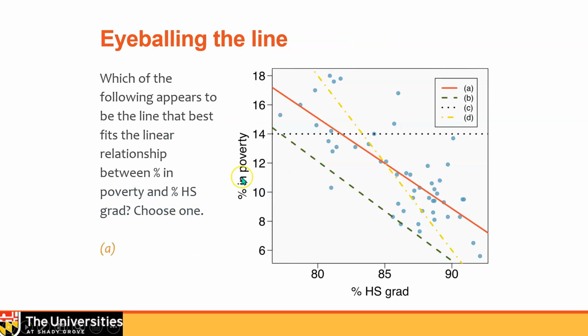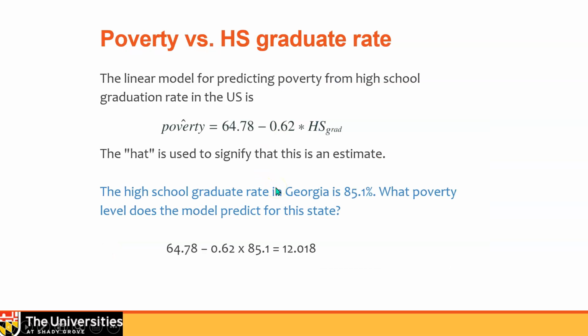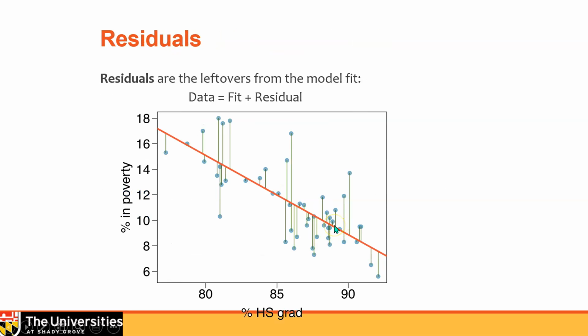The idea is that we want to have the line that best minimizes the amount of error between the observed values, these dots, and the predicted value. The error between the observed value and the predicted value is what we call a residual.